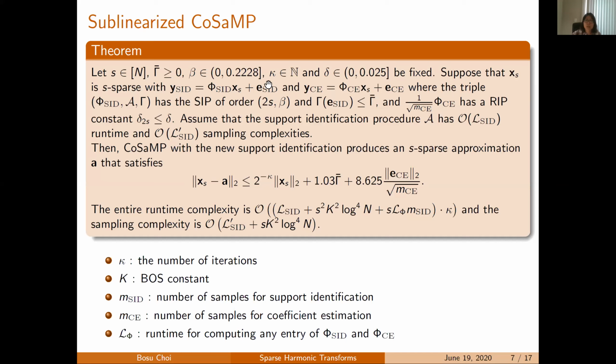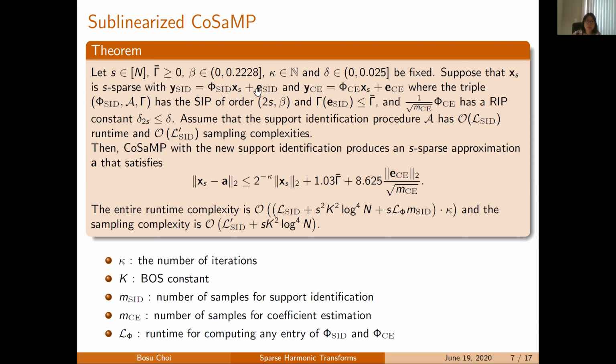Here, this kappa is the iteration number. CoSaMP is a greedy algorithm, and delta relates to the RIP constant, the restricted isometry property constant. And here, this XS is what we are looking for, the S sparse vector. We approximate this sparse vector using two sample sets, YSID and YCE. YSID is for support identification, and YCE is for coefficient estimation afterward.